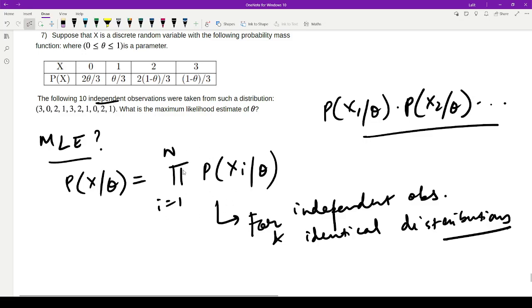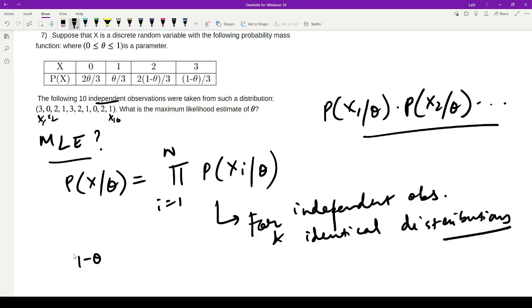What does it say? i equals 1 to n, so probability of xi given theta. The first xi, rather x1, is 3. This is x1, this is x2, this is x10. So for x1 equal to 3, what is the probability?